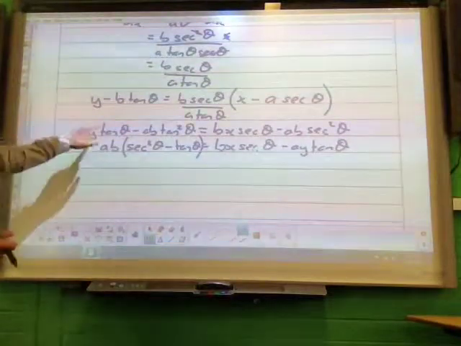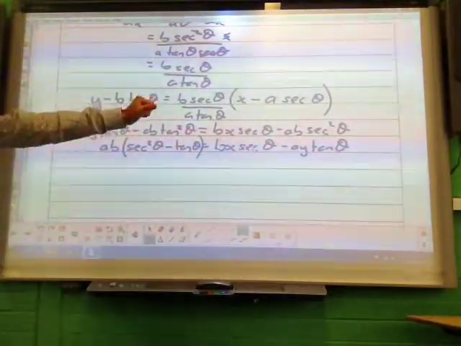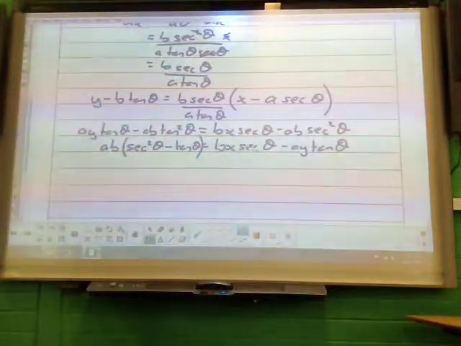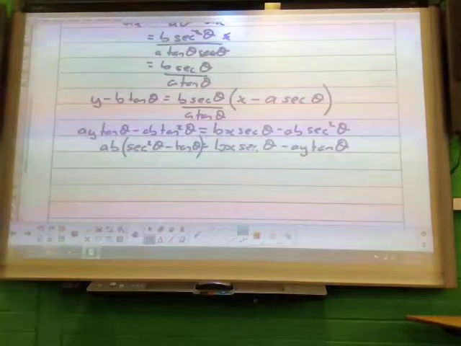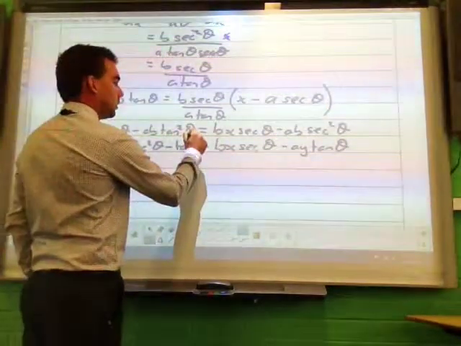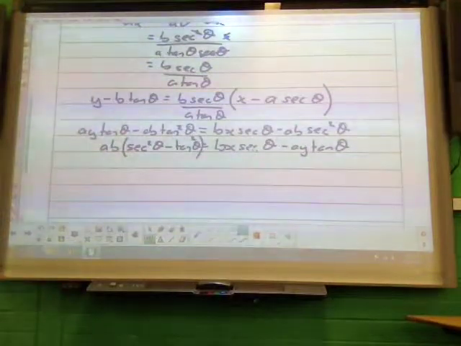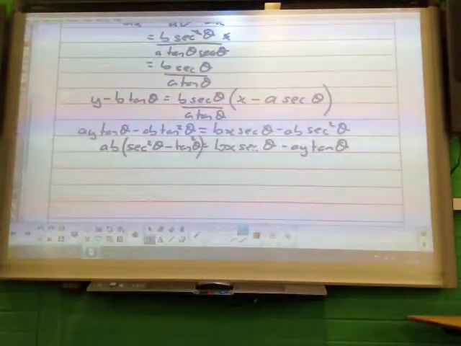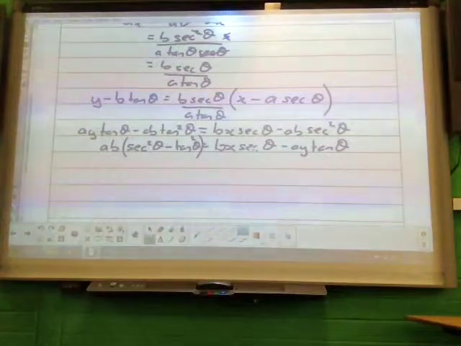Right, so move the ay tan theta and ab sec theta to that side, and I'll factorise because ab is the common factor. That should be tan squared. So what's sec squared take away tan squared? 1, because 1 plus tan squared is sec squared.